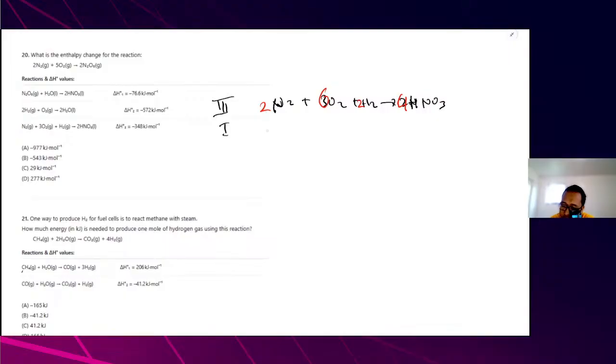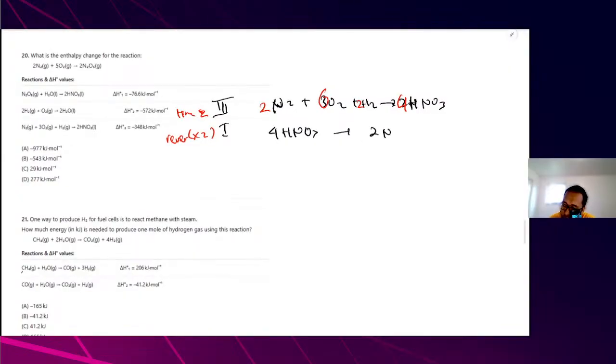For the first reaction, we need to reverse, and then times 2. So it will be 4NH3. Okay, so here is times 2, and then reverse, right? And then this one, just times 2. Again, and then 2N2O5 plus H2O.